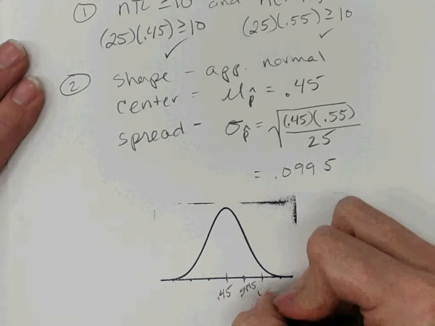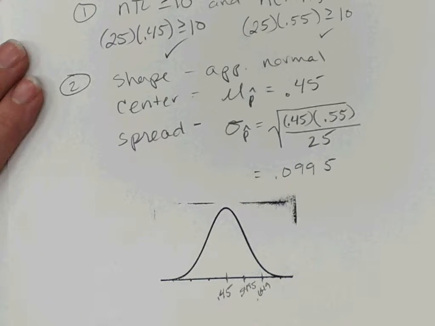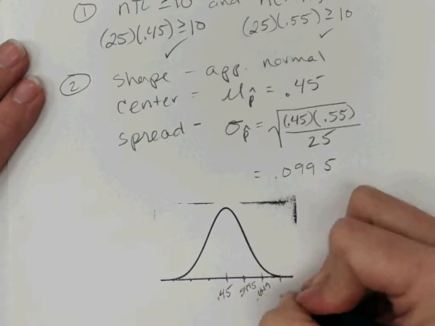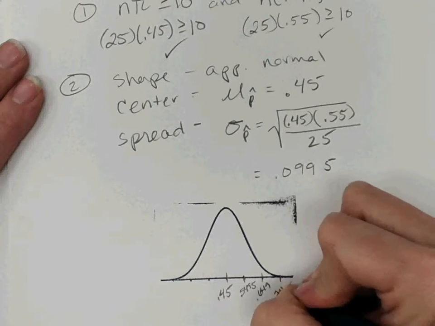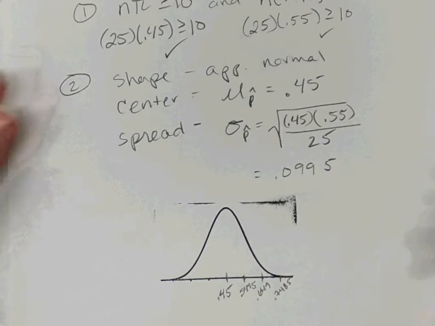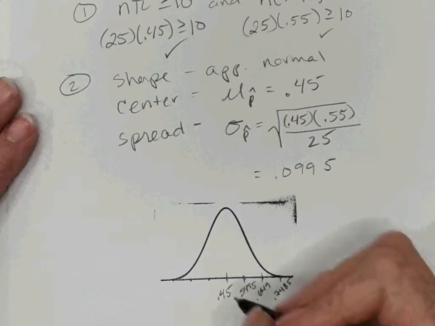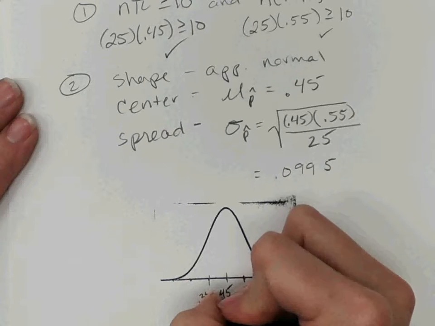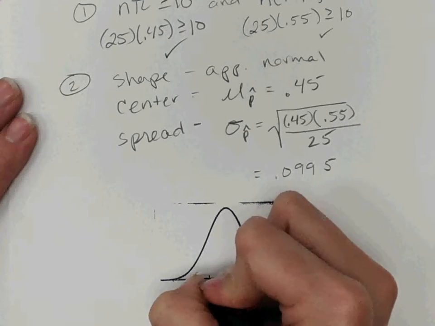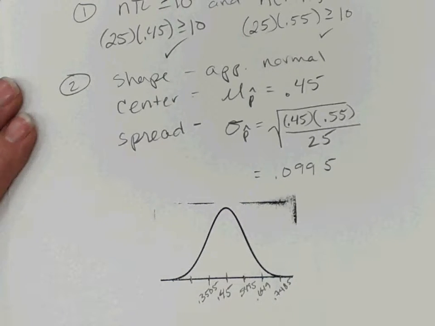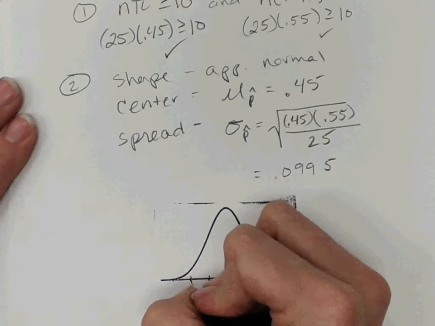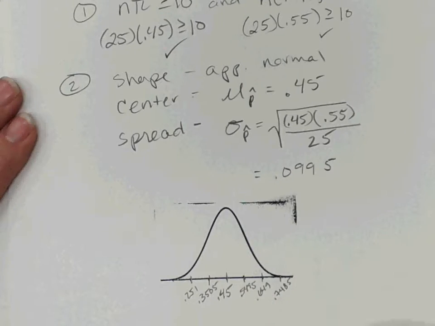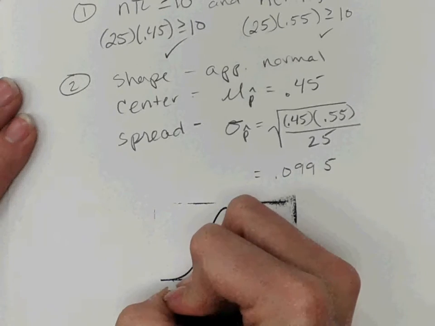This is 0.649. Then this is 0.7485. Going back the other way, I subtract one standard deviation. This is 0.3505, 0.251, 0.1515.